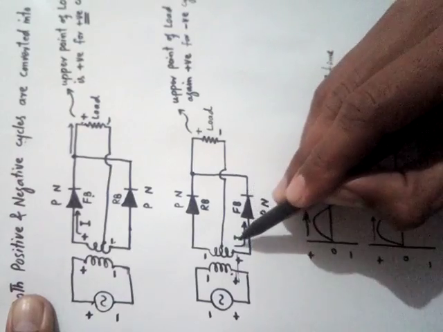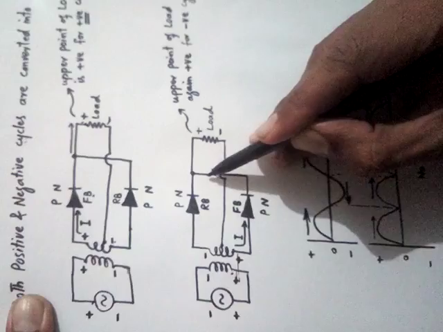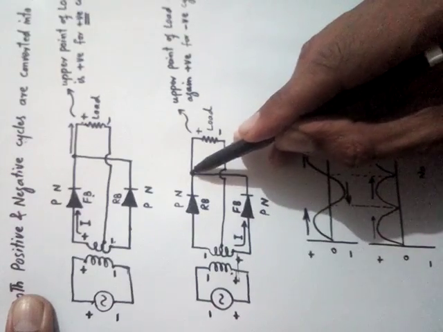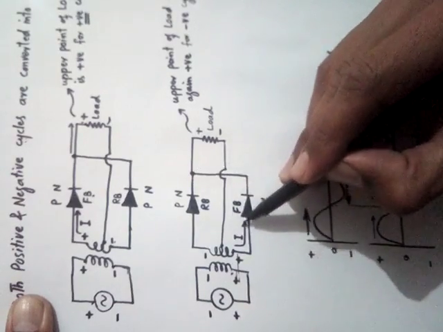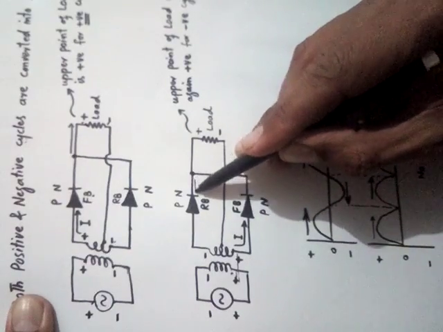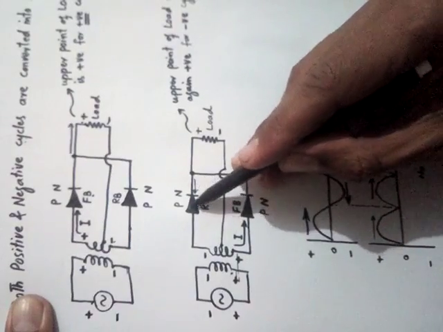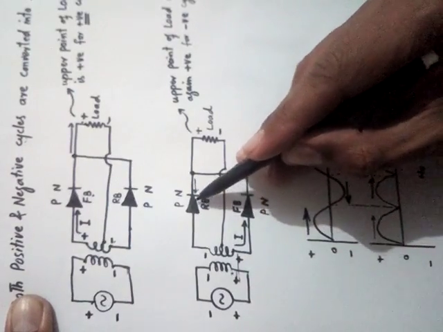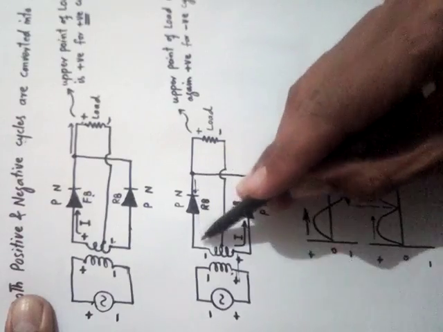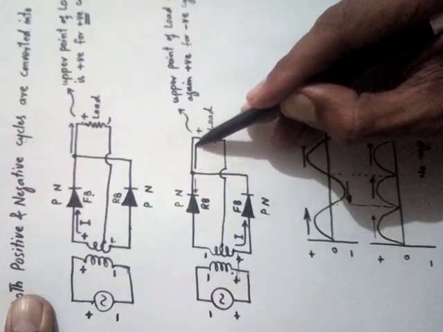But look, when this current goes through this second diode, this diode is connected with the upper one through this point. The current wants to come back to complete the loop, but as we know this diode is reverse, it will not allow the current to pass this way. So the current has only this direction.